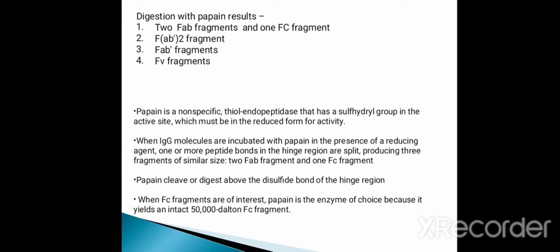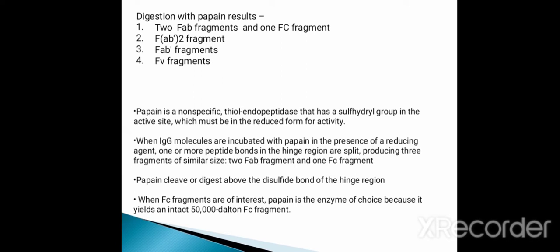When IgG molecules are incubated with papain in the presence of a reducing agent, one or more peptide bonds in the hinge region split. Papain cleaves just above the disulfide bond of the hinge region, producing 3 fragments of similar size, 2 Fab fragments and 1 Fc fragment.